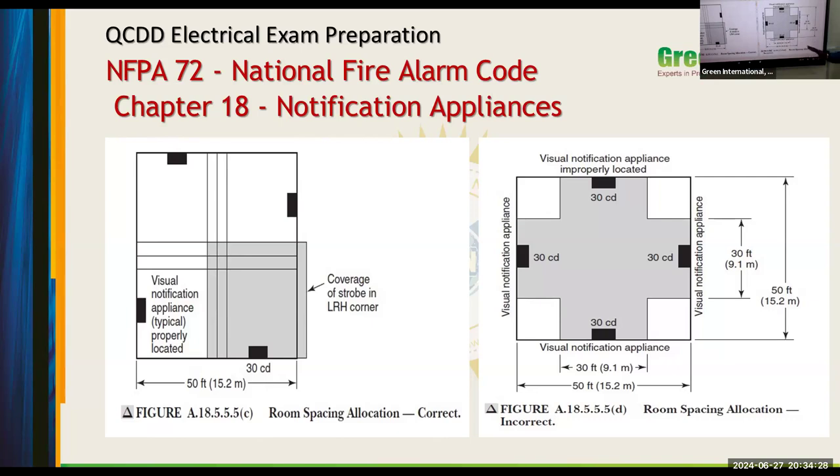So this is where we need to install the devices, similar to the smoke detector and heat detector. So the total is 30. Usually what we do is put it at the center point. Usually we do like that, because even though I just wrote 15, 15, 15, it is just the center.